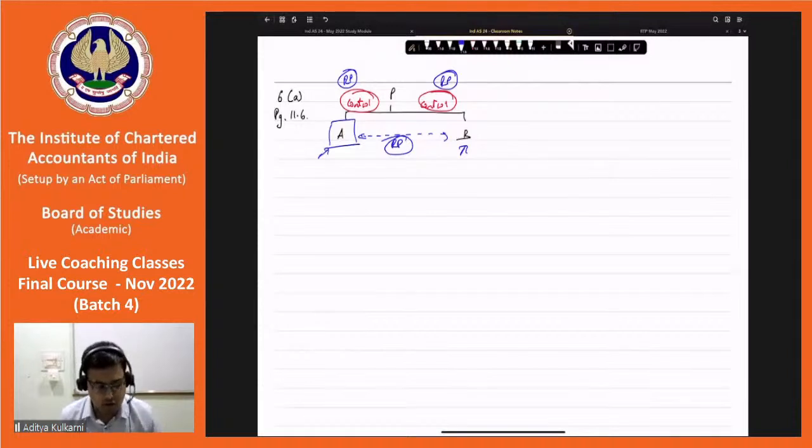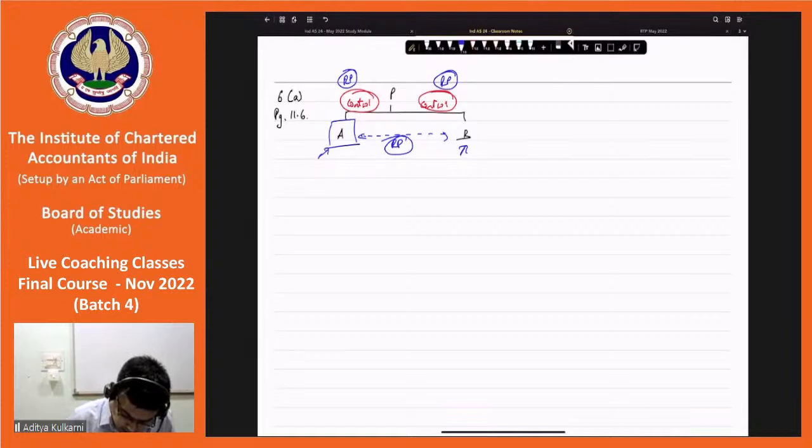We will move on to another chart. This is chart 1, you can say. The same clause. Parent has one subsidiary A, another subsidiary B. Srinidhi, this is your question.